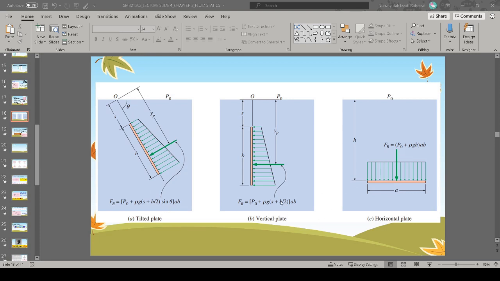But what about direction? How do we know where it is acting on the surface? If you notice from this slide, for each of these surfaces we have a YP. YP is the point where the hydrostatic force is acting on the surface. It should not be at the centroid, it is somewhere further below. So I will show you how to calculate this now.